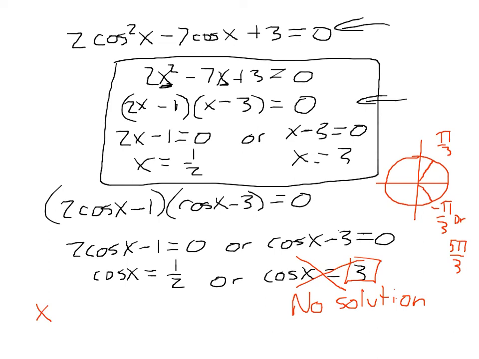So x in this problem is going to be pi over 3, 5 pi over 3, plus or minus 2 pi n. And so that generates all the possible solutions. And just to show you, 5 pi over 3 minus 2 pi gives us our negative pi over 3 that we could have also included. And so try not to be redundant here.